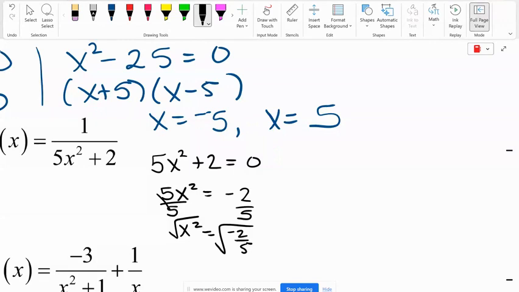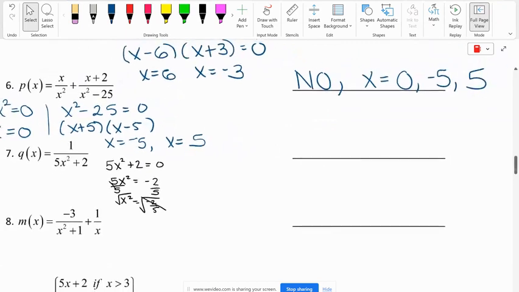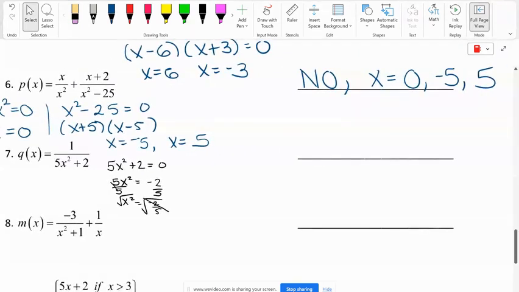And we're only dealing with real numbers here. So that would tell you that there is no real number value that will make it equal to 0. Since there's no real number value that will make it equal to 0, is it always continuous? Yes, it is continuous. You could write yes, you could write continuous, whatever you prefer.